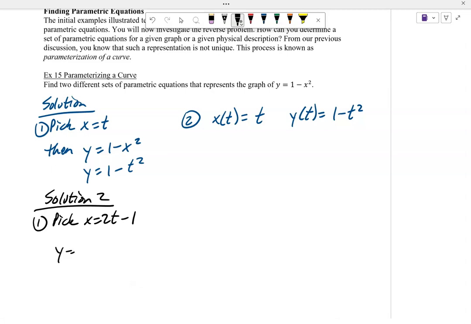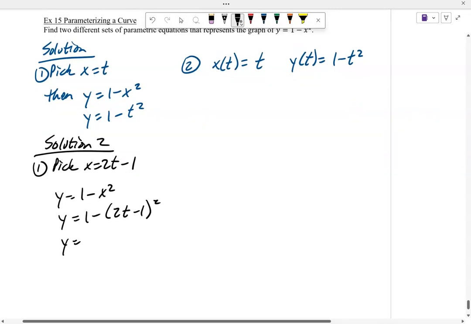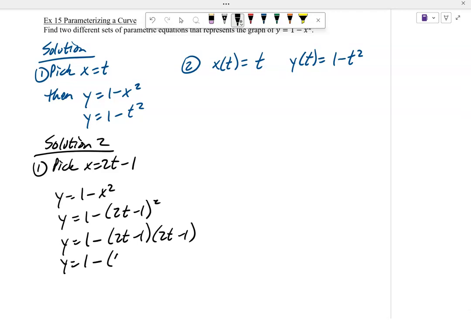Well, we have y equals 1 minus x squared. So that'd be y equals 1 minus (2t minus 1) squared. So y equals 1 minus (2t minus 1)(2t minus 1). So we got 1 minus (4t squared minus 2t minus 2t, which is minus 4t, plus 1). And I got to distribute that.